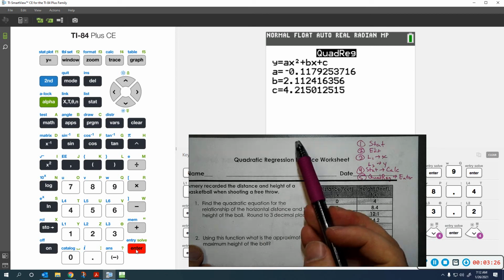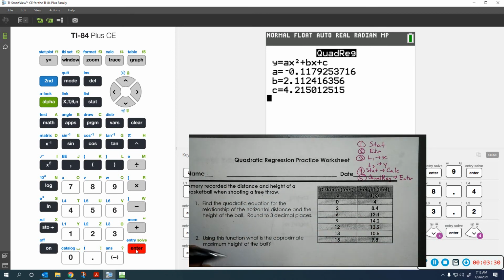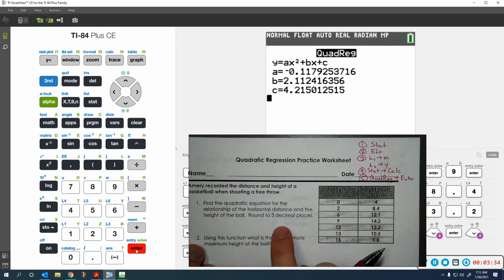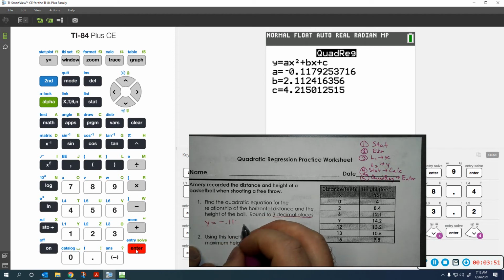Remember, the A goes in front of the x squared, the B goes in front of the x, and the C goes at the end. This says round to 3 decimal places. So we would have y equals, our A value is negative 0.11, and that 7 is going to round up to an 8, x squared.